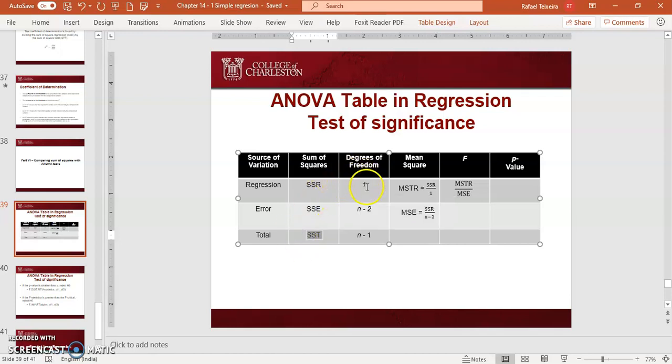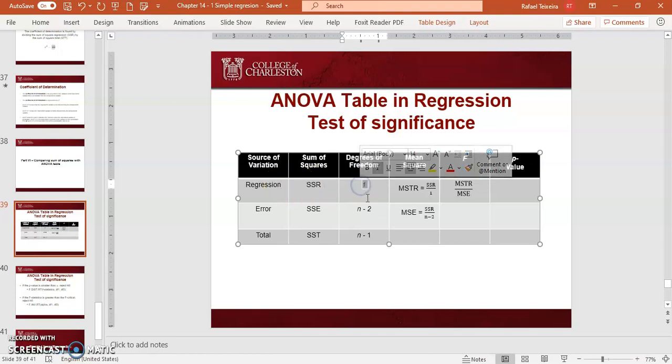Okay, then we have the degrees of freedom. The degrees of freedom for the regression is the number of independent variables. We have only one independent variable, so the degrees of freedom is 1. The degrees of freedom for error is the sample size minus 2, and the degrees of freedom for total is n minus 1.